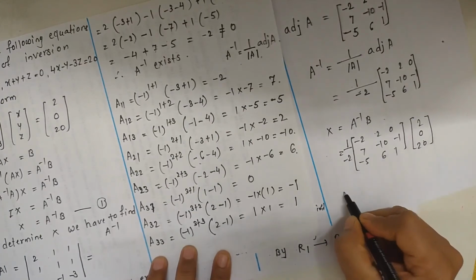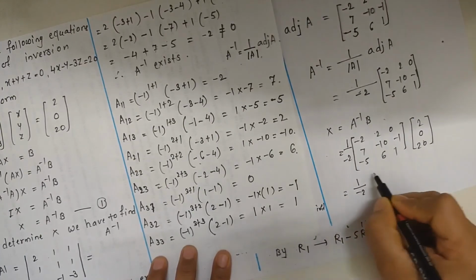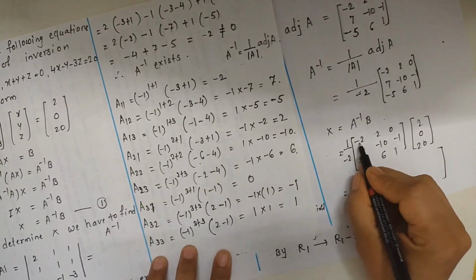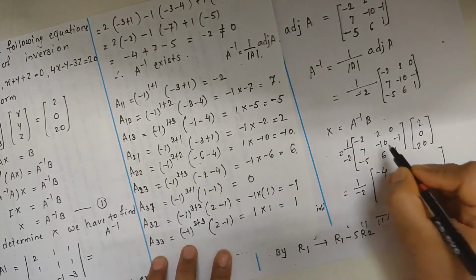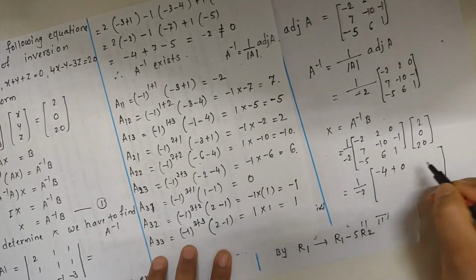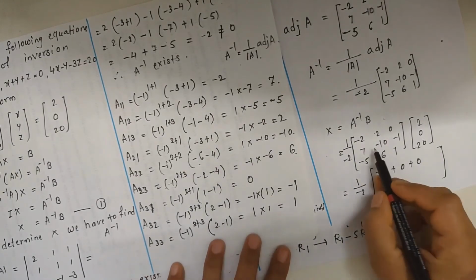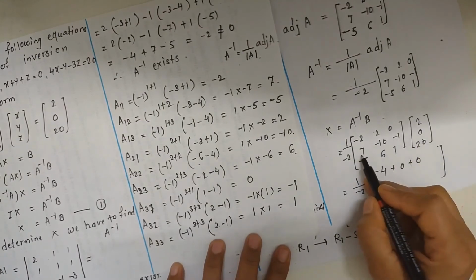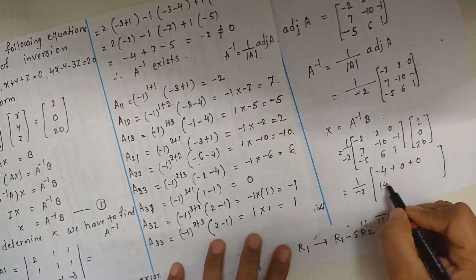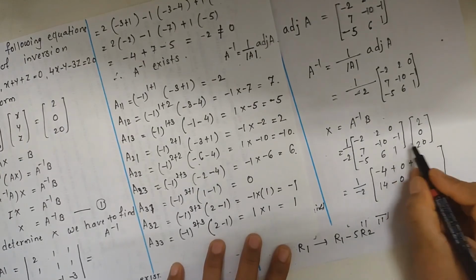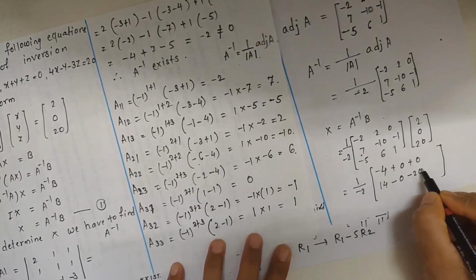Now the product of these two matrices is: minus 2 into 2 minus 4, 2 into 0 plus 0, 0 into 20 plus 0. Now the second row and first column element, 7 into 2, 14, minus 10 into 0, 0, and minus 1 into 20, minus 20.